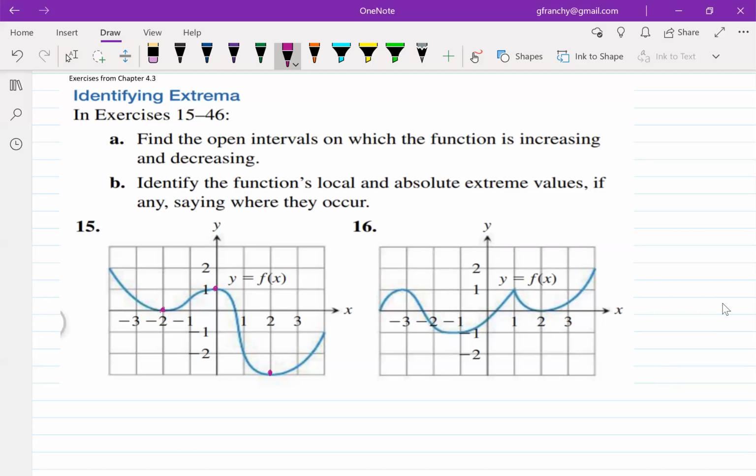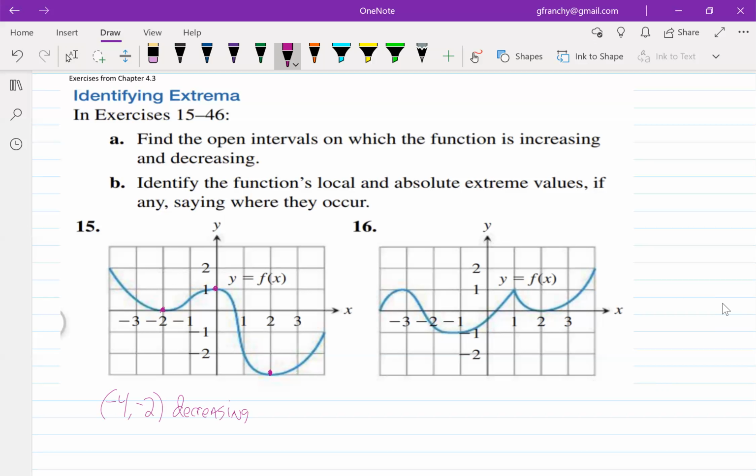So what we see with the function is that from -4 to -2, our function is decreasing.